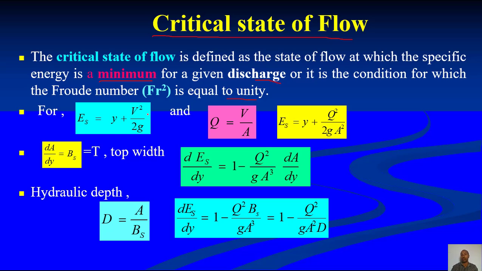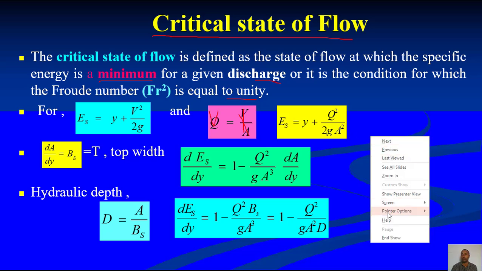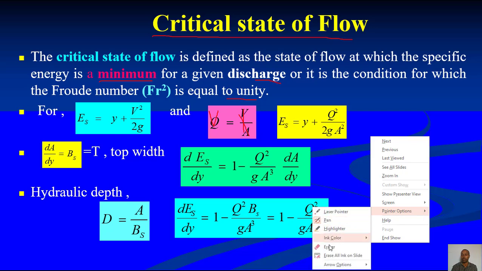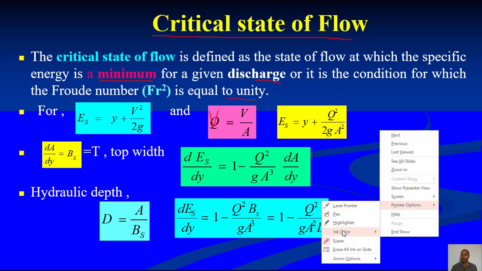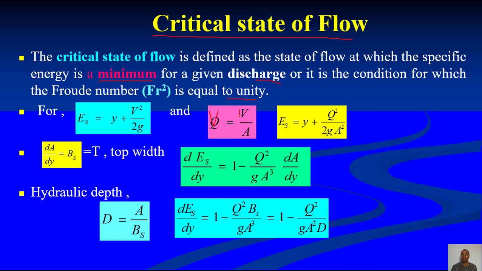This is the general equation for specific energy. V is Q over area. Then if you substitute this one, Q square over A square.